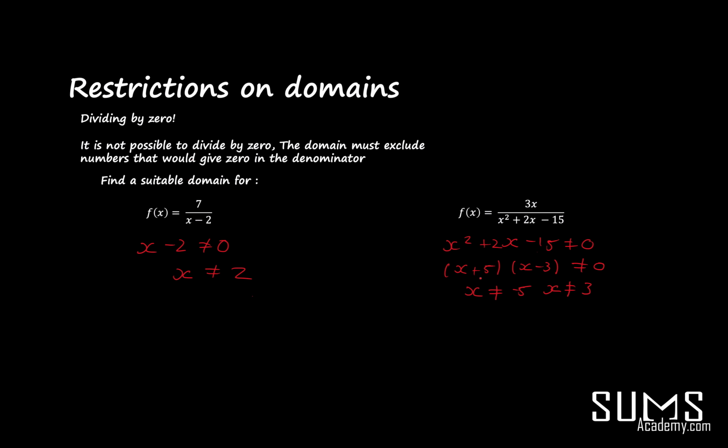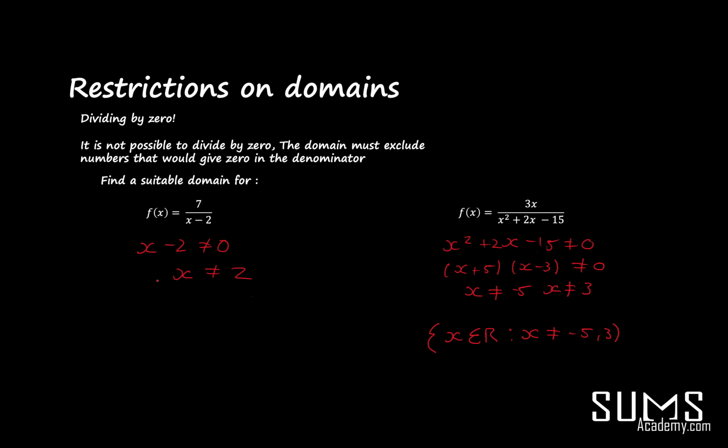Because if you put either of these numbers in, the bottom is going to equal 0, and then the function won't work. So you write a statement like this: x is a set of real numbers where x cannot be equal to negative 5 or 3.